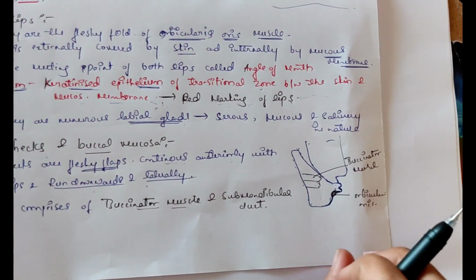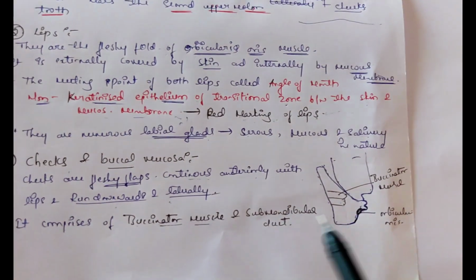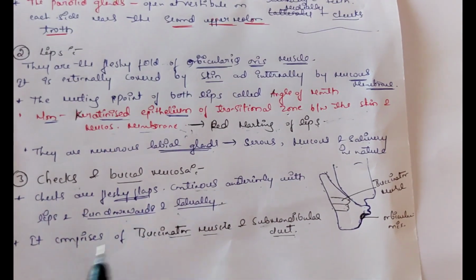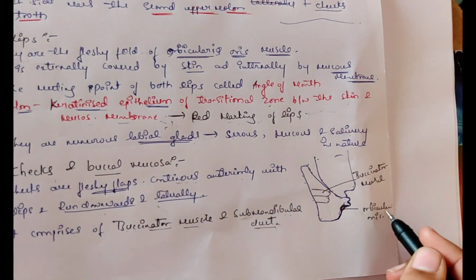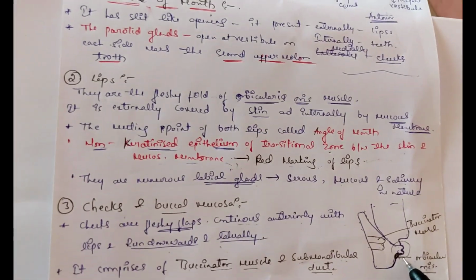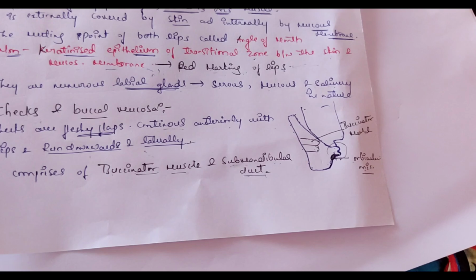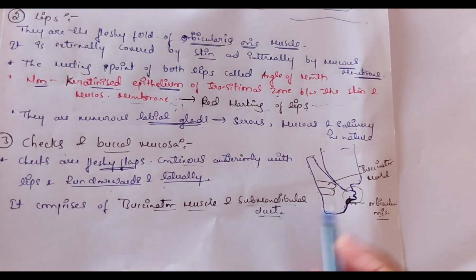My diagram is not that good. You just see the buccinator muscle and the submandibular duct. These cheeks are compressed by the submandibular duct. Okay, here you can see the orbicularis oris muscle which is present in the lips. Sorry, here it is not a submandibular duct.